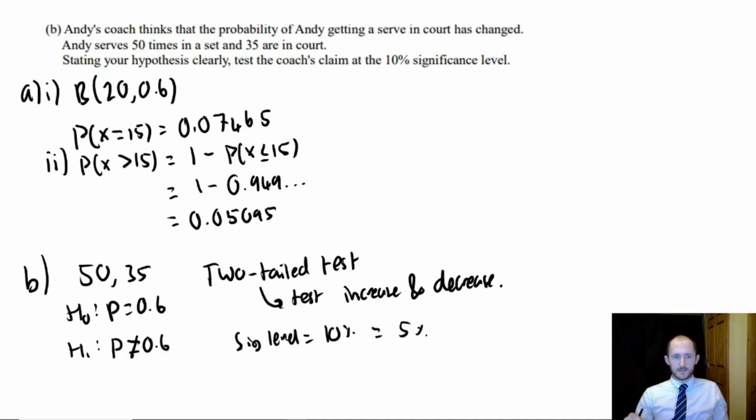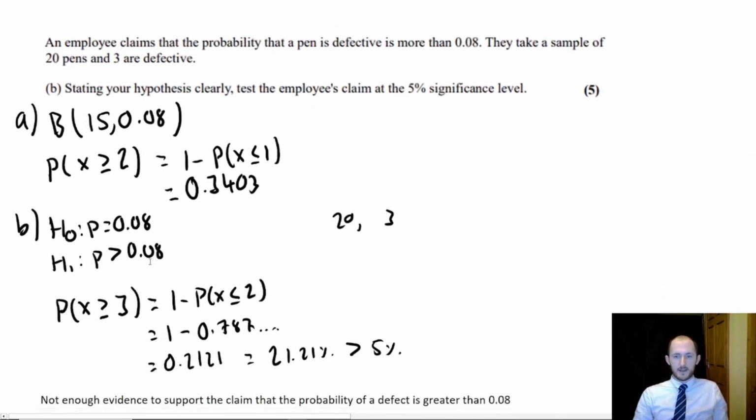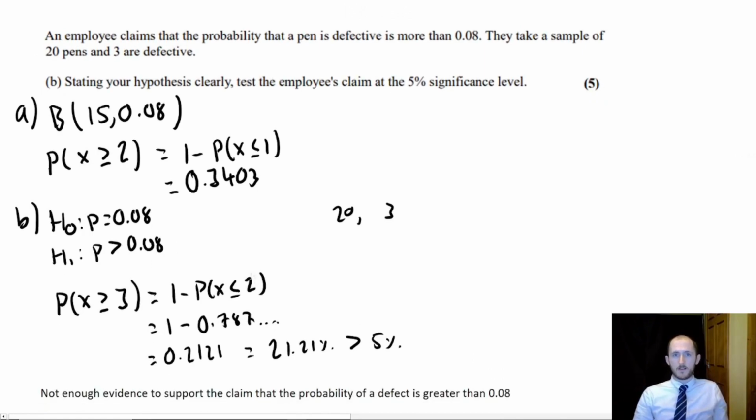Hopefully that makes sense. The only way, again, is they could then ask you to do another test where it's less than or greater than, and then you'll be able to determine which one it is. But this test only tells you if the probability's changed. It doesn't tell you if it's gotten bigger or smaller. The other ones test if it's gotten bigger, or smaller.